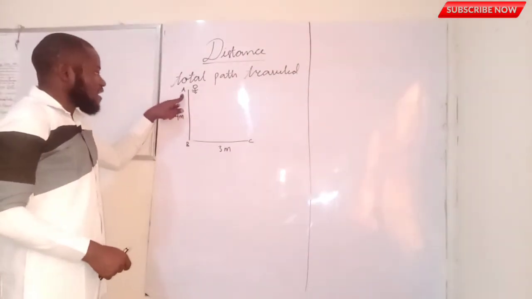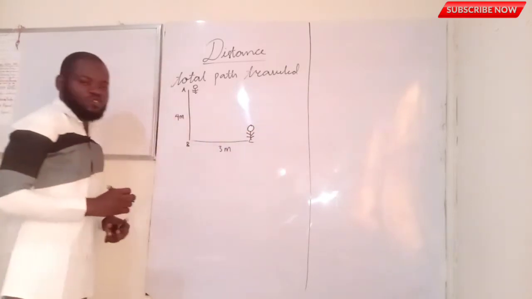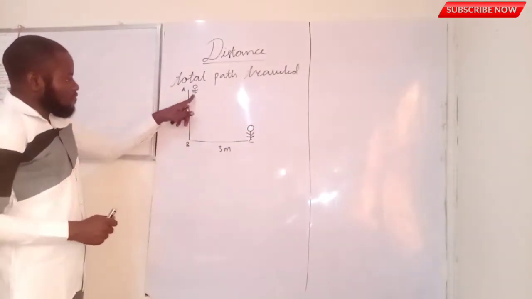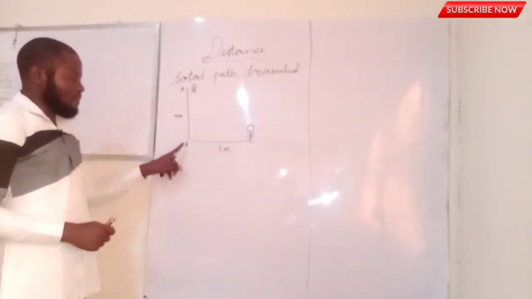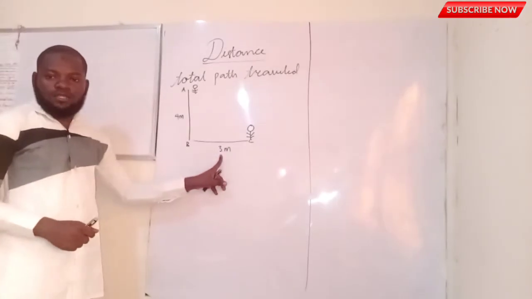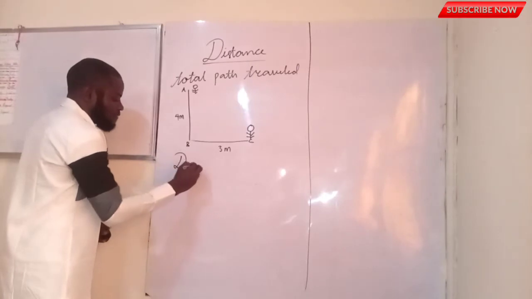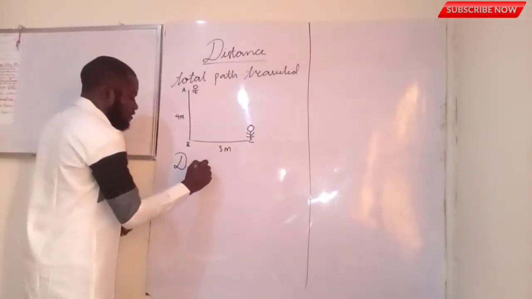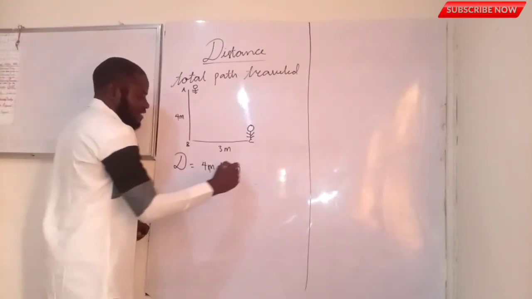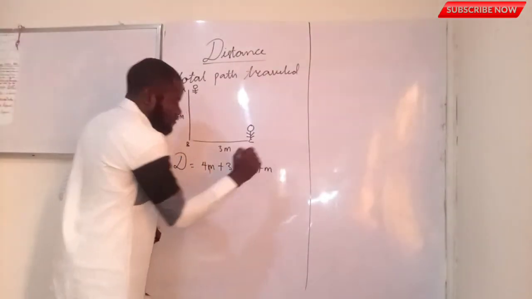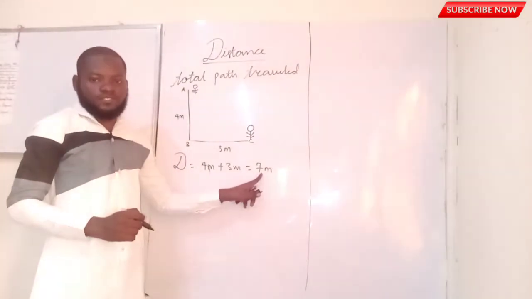Remember, the body starts from A and ends its journey at C. The body moved from A to B, which is 4 meters, and moved from B to C, which is 3 meters. Are we together now? So the distance covered by the body will be 4 meters plus 3 meters, and that will give us 7 meters, because that is the total path traveled.